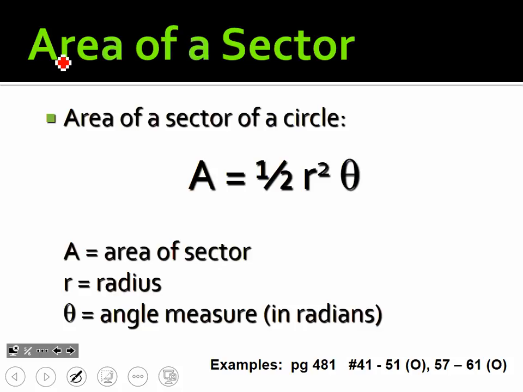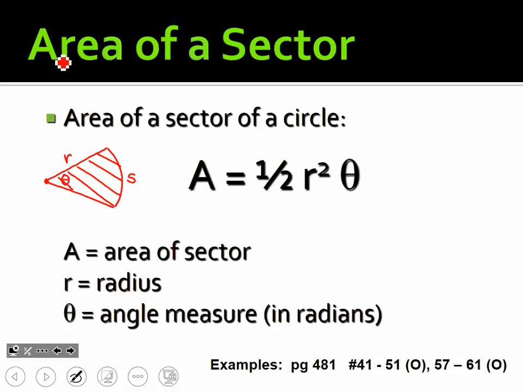All right, so for this formula, let's say we still have that same piece of pizza. Sorry if I'm making you hungry. S is still that length around the arc, R is the radius, and theta is the angle. What we're finding in this case, instead of the length around that curved edge, is the area of that entire slice.